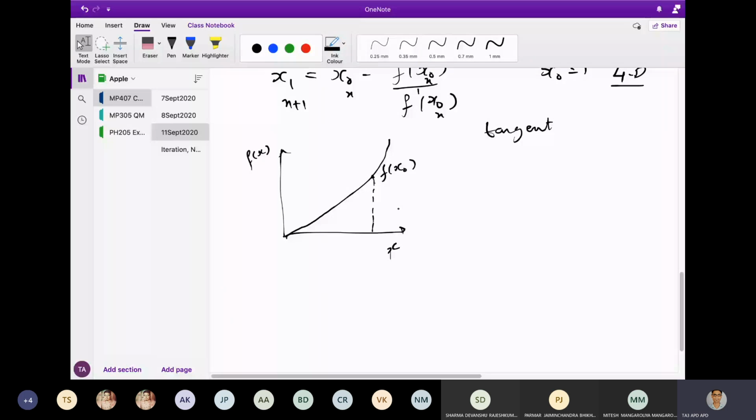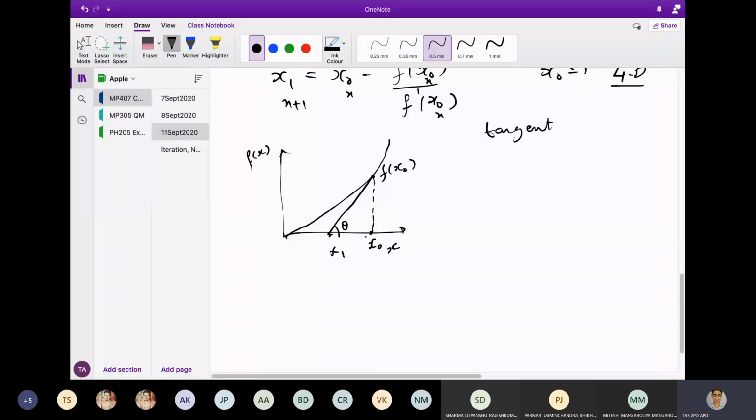And at this point, if you approximate it by its tangent, and let's say it is making some angle theta over here, and that is going to be your x naught, and this is going to be x1.